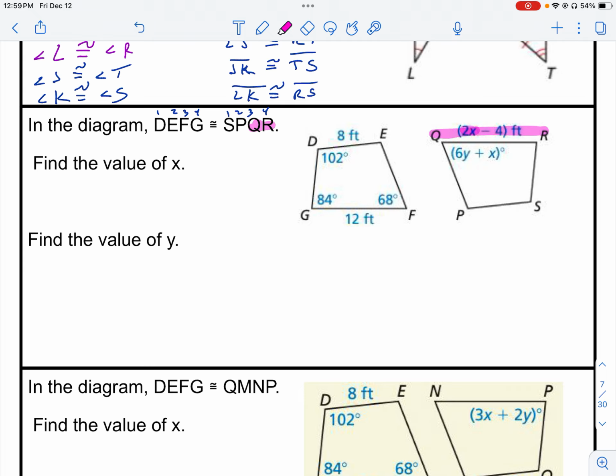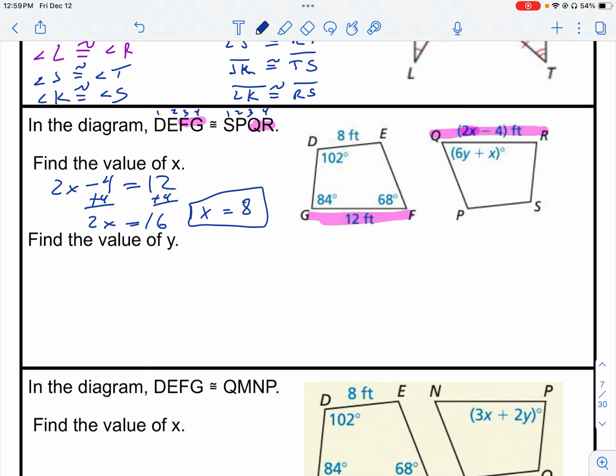So what matches QR? But FG. FG is down here and it's 12 feet. So we know that 2x minus 4 equals 12. Then we're just going to do some handy-dandy algebra and find out that x equals 8.